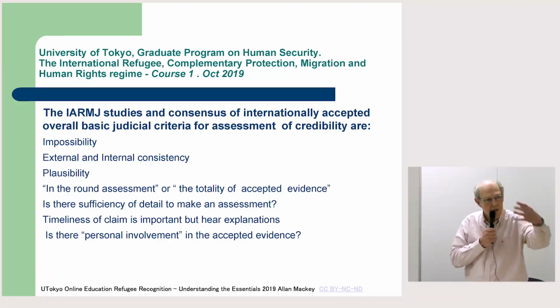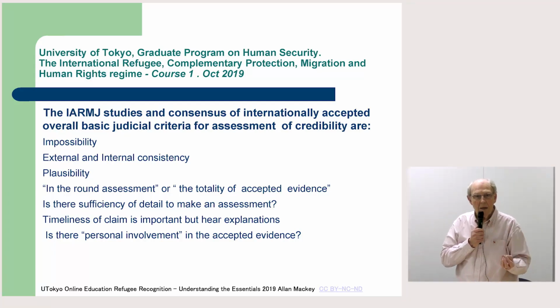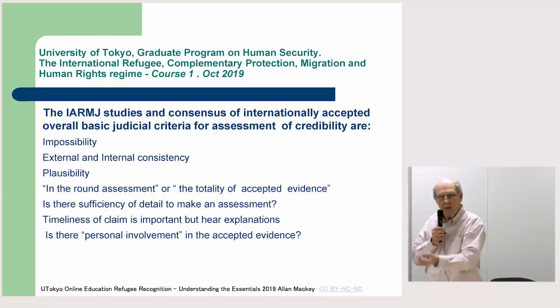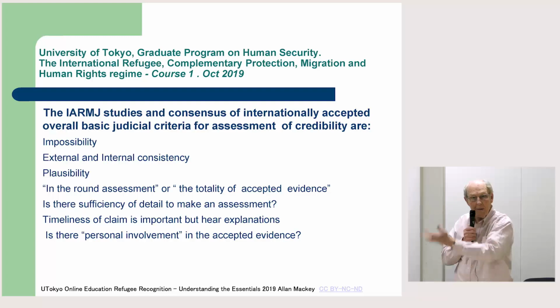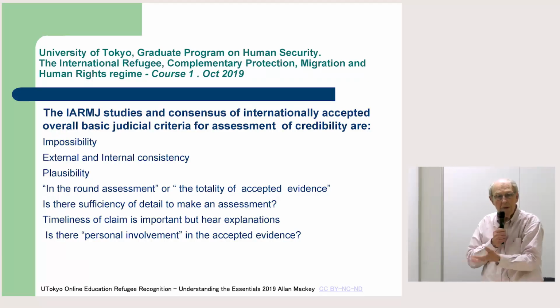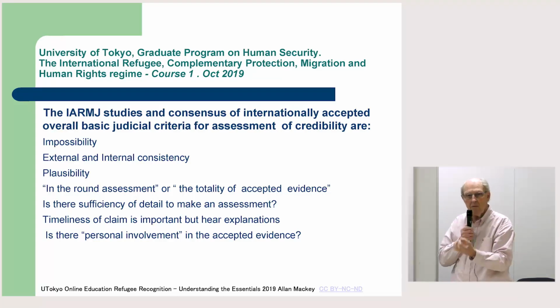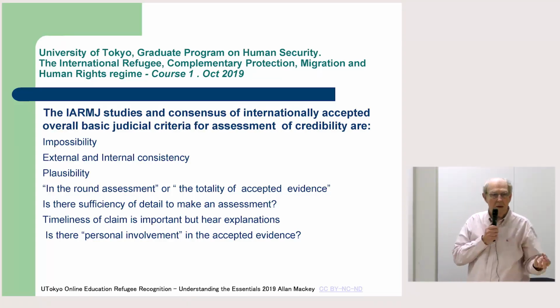So the system itself needs to be managerially and realistically efficient, at the same time as being fair and meeting all the things I've been going through. It's not easy. It's difficult. But unless you achieve that, the very system you've got will encourage the abuse.